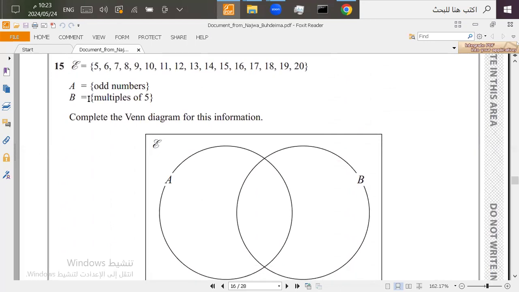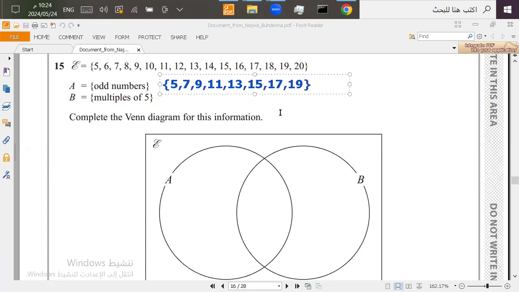First, let's take a look at the odd numbers from these numbers. So let's write them here. We use the set brackets. We write odd numbers: 5, 7, 9, 11, 13, 15, 17, 19.